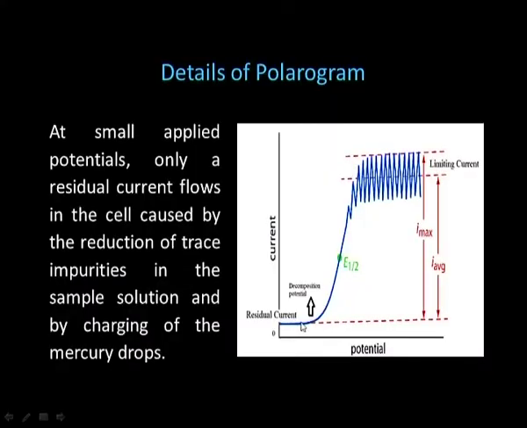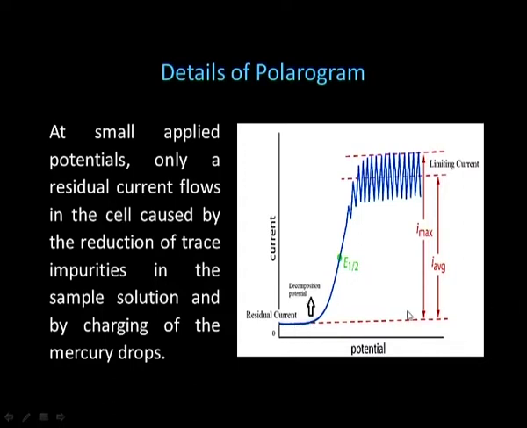At small applied potentials, only a residual current flows in the cell, which is caused by the reduction of trace impurities in the sample solution and by charging of the mercury electrode. You can see here the current, which is the minimum current, is known as residual current.